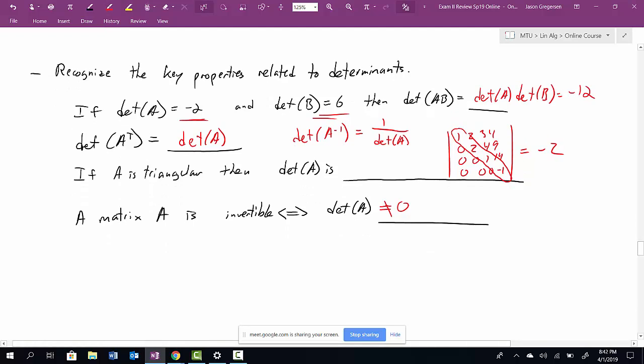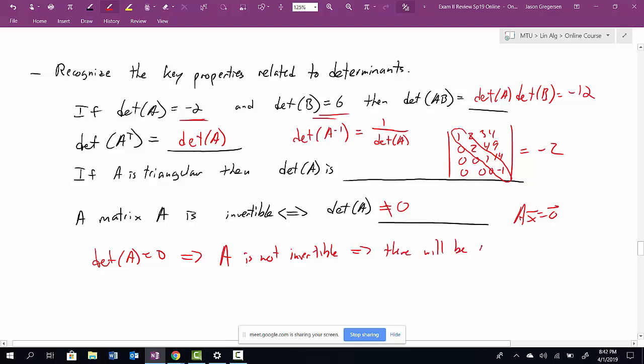And why do we really want that? Well, to investigate AX equals 0 is one way we use this. Because the idea is if A was invertible, the only solution would be X equals 0. And there are times when I'm looking for non-zero solutions, non-trivial solutions. So if the determinant of A is equal to 0, that would imply that A is not invertible, which would imply that there will be non-zero solutions to AX equals 0.